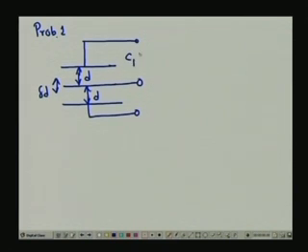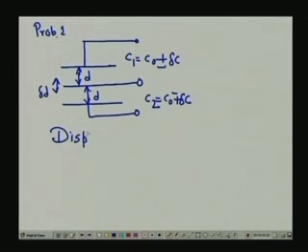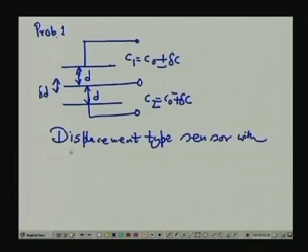So, C1 will be equal to C naught plus minus delta C, where C naught is the capacitance when the plate is exactly at the mid position, so the capacitance between the two is the same. And C2, the capacitance between this and this, equals C naught minus plus delta C. If I draw the equivalent circuit of this one, it looks like this. This is a variable area, a displacement type sensor, with differential output.